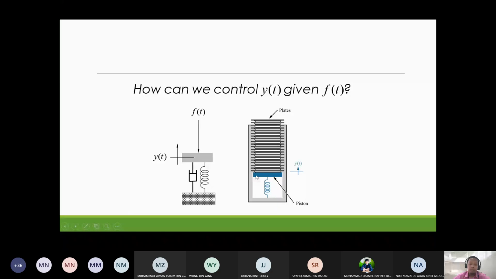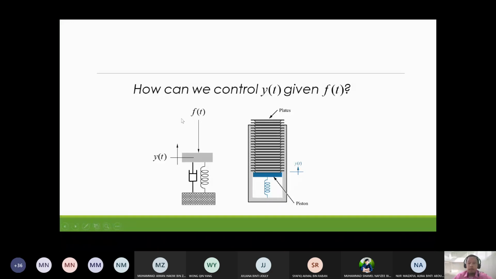The force represents the plate that is put on the piston, and then the piston has a spring, and the damper maybe represents the friction between the piston and the surface of the dispenser. We want to measure the displacement of this piston or the mass. So we can label the position of the mass as y, and the force as F.